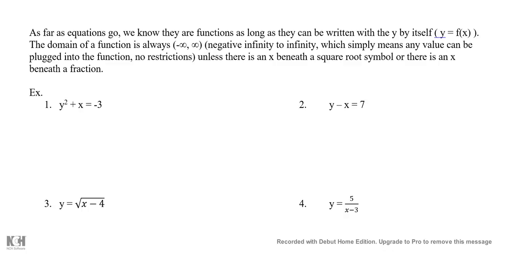And so that would mean two separate y's would give the same x, and that cannot happen in functions, as we know. So the main thing you're looking for when you're looking at equations to see if they can be written as a function is, do I have to take the square root of y to solve for y? If so, then it's not a function.